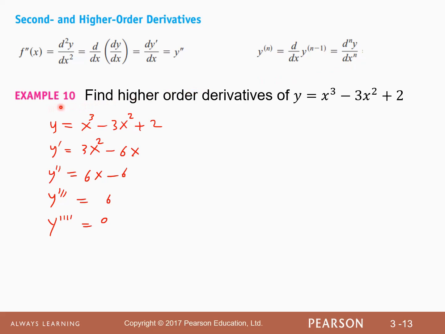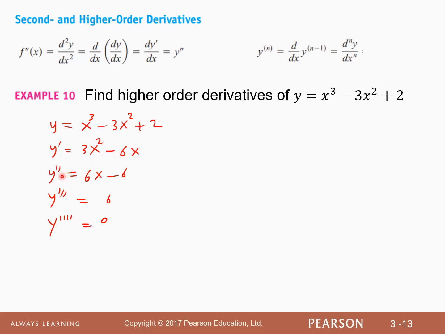Example number 10. Find the higher order derivatives of y equal to x cubed minus 3x squared plus 2. So let's get the equation first. So y equal to x cubed minus 3x squared plus 2. Y prime will be 3x squared minus 6x.